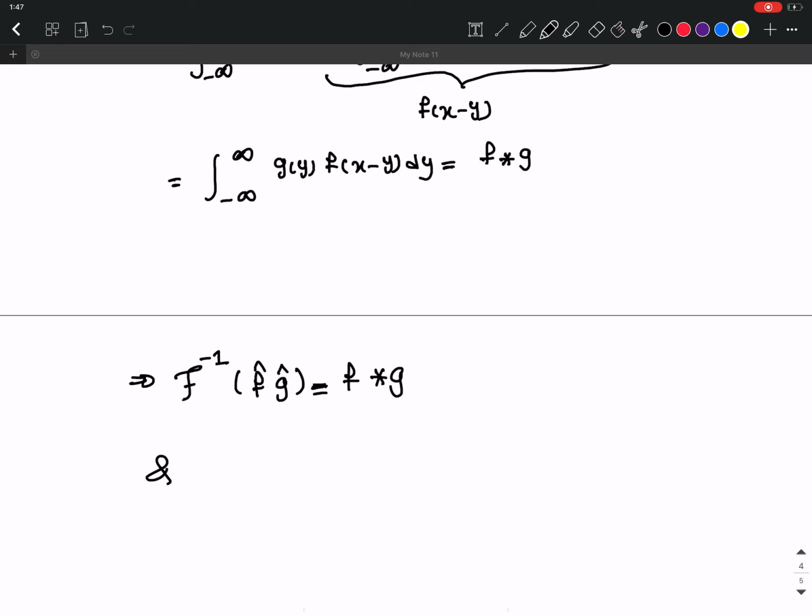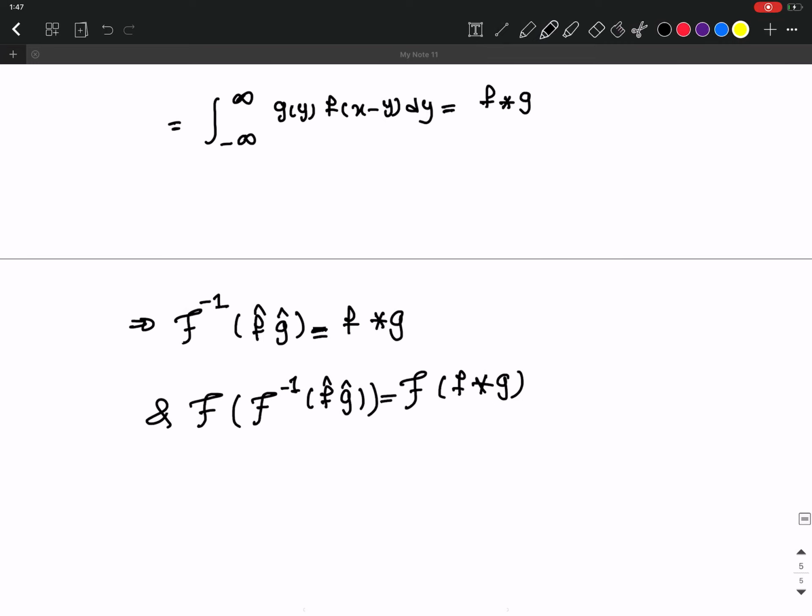And I can take the Fourier transform of both sides of this equation, and I'm going to get the Fourier transform of the inverse Fourier transform of f hat g hat on the left-hand side, equals the Fourier transform of the right-hand side, f convoluted by g.